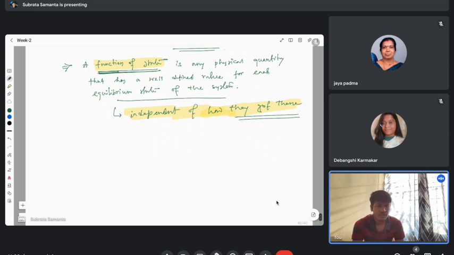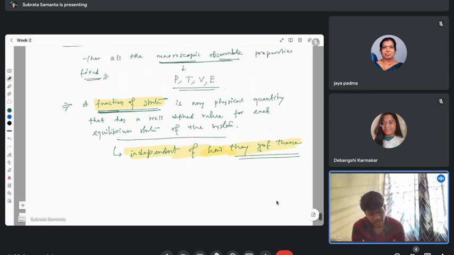So which quantities are not functions of state? These things are the functions of state: pressure, temperature, volume. But which quantities are not functions of state?